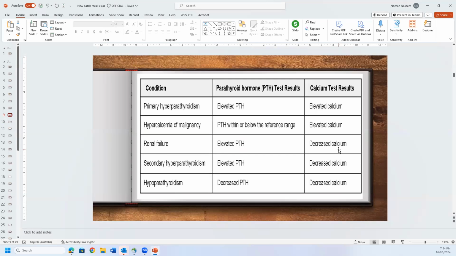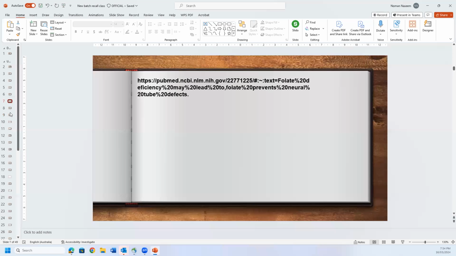Is it clear, guys? This is also a cause of secondary hyperparathyroidism. The third one is hypoparathyroidism, in which the level of parathyroid hormone will be decreased, leading to decreased calcium levels in the blood.